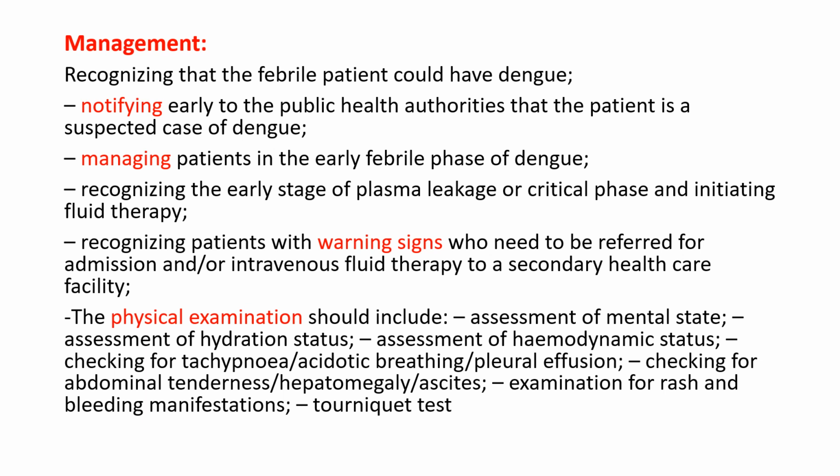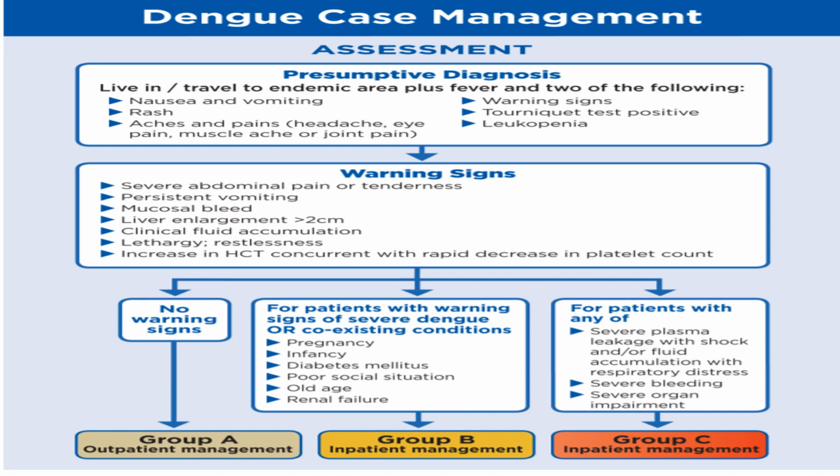And there is certain basic physical examination that needs to be carried out, like assessment of the mental state, the hydration, the hemodynamic status, if there is tachypnea or acidotic breathing, presence of pleural effusion, checking for abdominal tenderness, hepatomegaly or ascites, examining for the presence of rash and bleeding manifestations, as well as carrying out the tourniquet test.